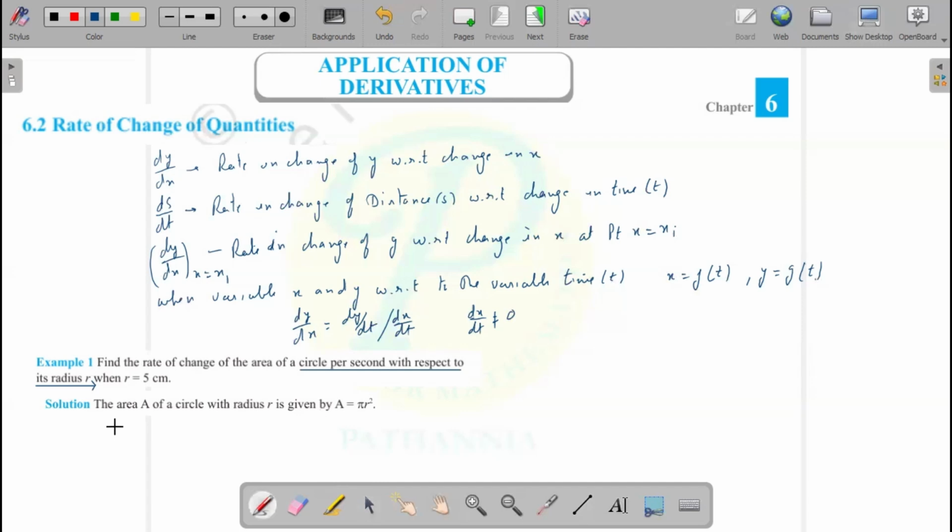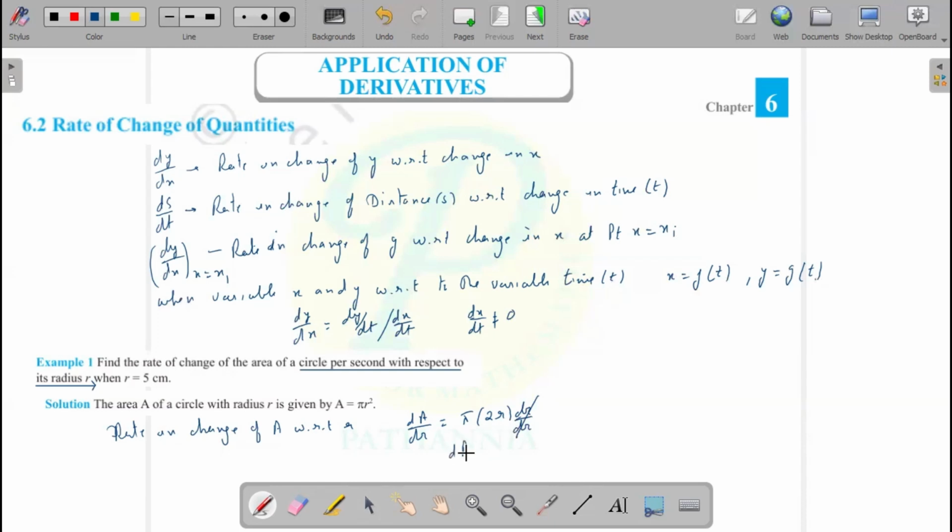So according to the question, he asks you the rate of change of area with respect to the radius. That means he is asking for dA upon dr. The differentiation of r square is 2r, whereas the differentiation of r is 1.